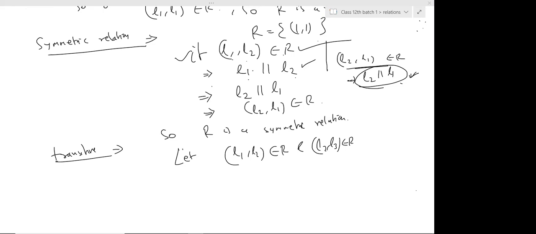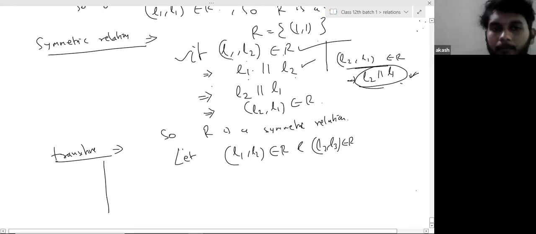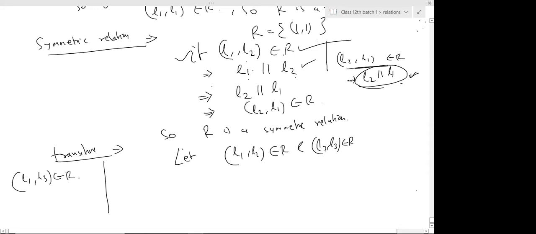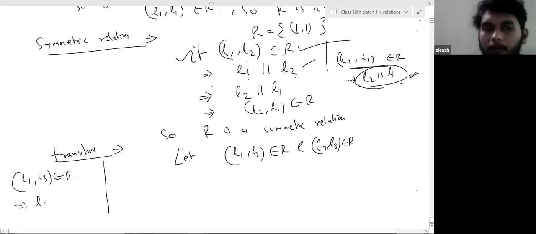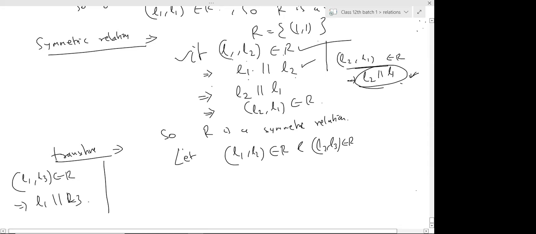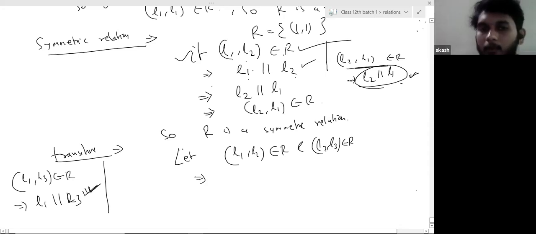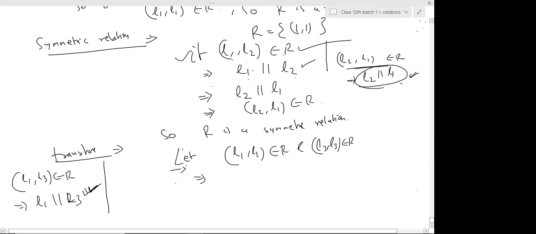Yes. And what should be our end goal? That we have to prove that L1, L3 belongs to R, right? Yes. This implies that we have to prove that L1 is parallel to L3. So we have to reach this point by solving this one. This will be your first step always.